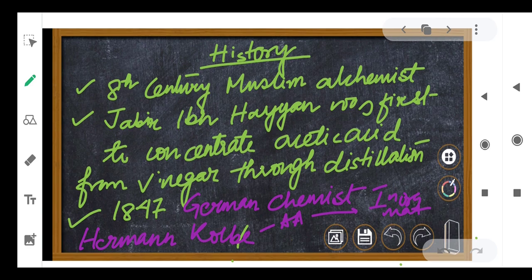Then, in the 8th century, the Muslim alchemist Jabir ibn Hayyan was the first to concentrate acetic acid from vinegar through distillation. In 1847, the German chemist Hermann Kolbe synthesized acetic acid from inorganic material for the first time.